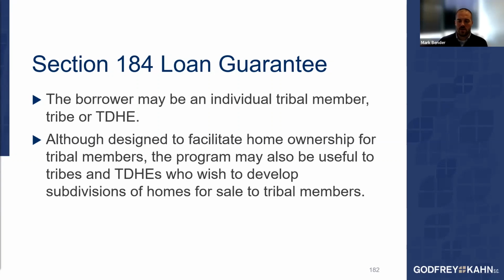So while the program is targeted at home buyers, tribes themselves are potential eligible borrowers, and this can be significant because a tribe may want to do a 24-unit project, and it may want to give its tribal members a rent-to-own option. To do that, it can use individual Section 184 loans. We've seen this with some tribal clients, and maybe John can provide some more color on that. With up to 48 units, that means 48 different Section 184 loans guaranteed by the federal government.